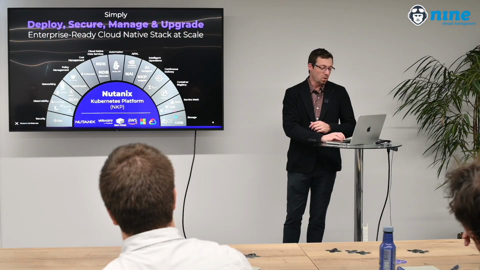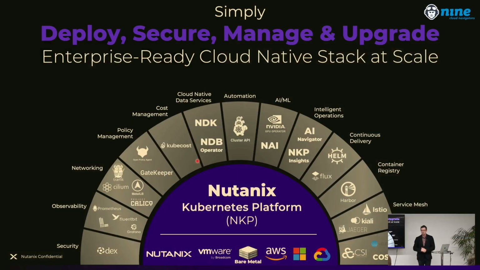Yes, you can do all that by hand with open source projects, because these are all open source projects, so you can stick them together and run them. But what happens if Prometheus receives an update and it's not compatible with your kubectl, as an example, or the Kube API anymore?